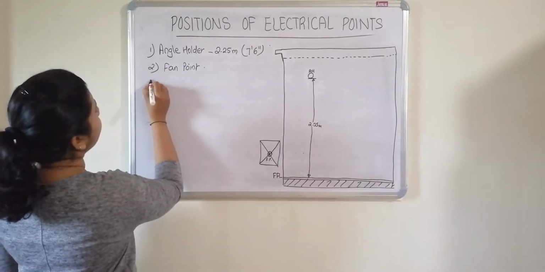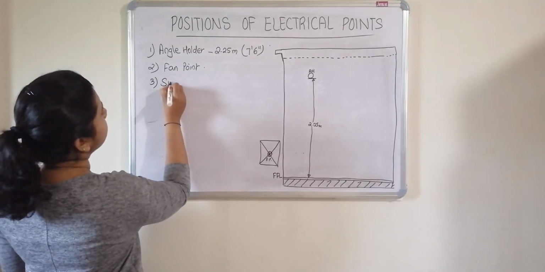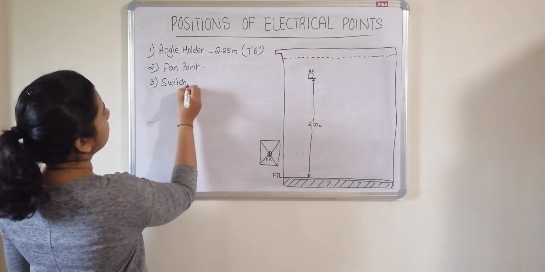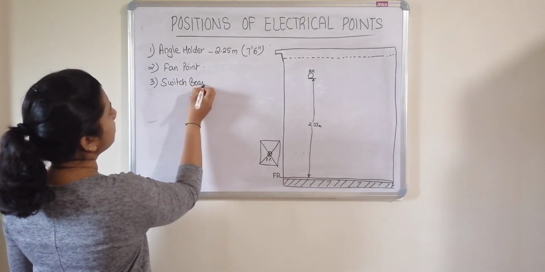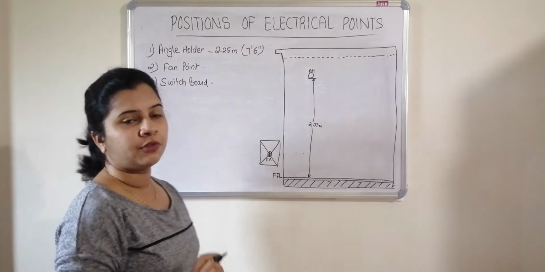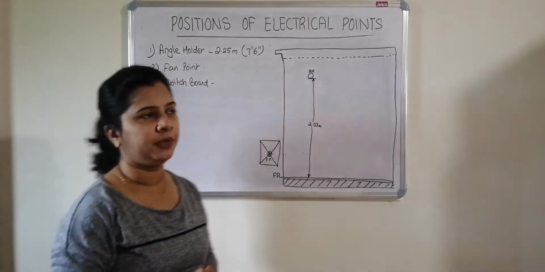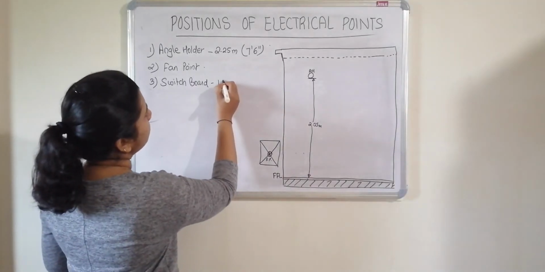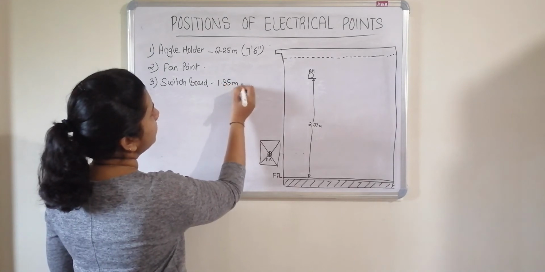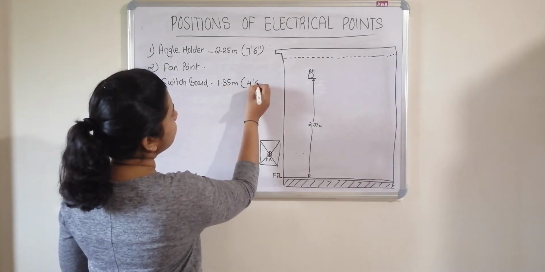Then the third one we will take is the switchboard. Switchboard is provided at the height of 1.35 meter, that is 4 feet 6 inch.